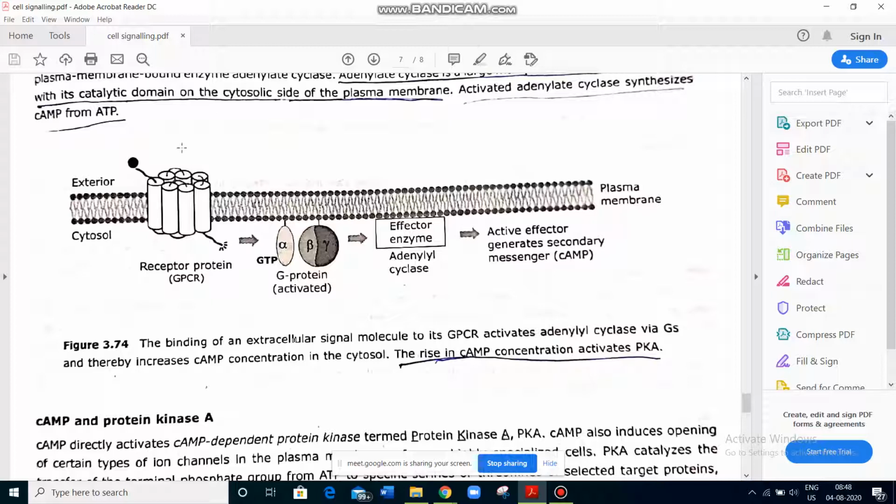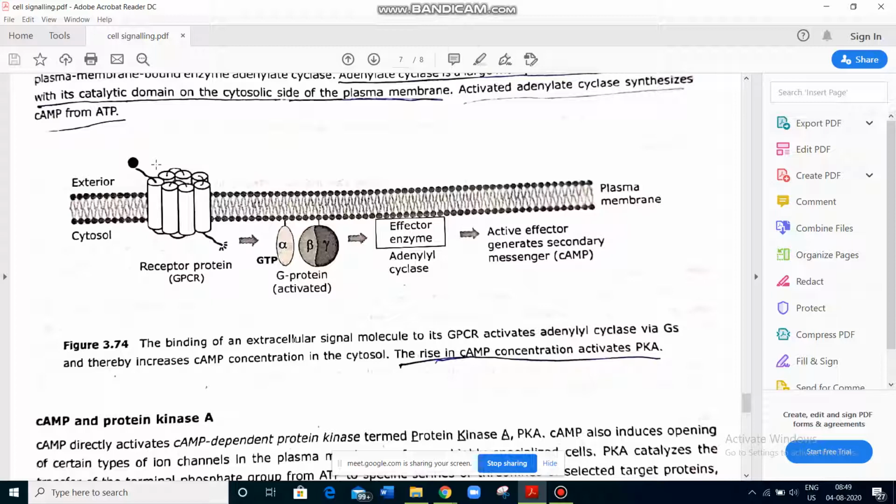So the first step is the binding of the signal molecule with the G protein coupled receptor. After binding, the G protein will be activated, when GTP binds to the alpha subunit, and the alpha subunit is activated and the beta gamma subunit is also activated.